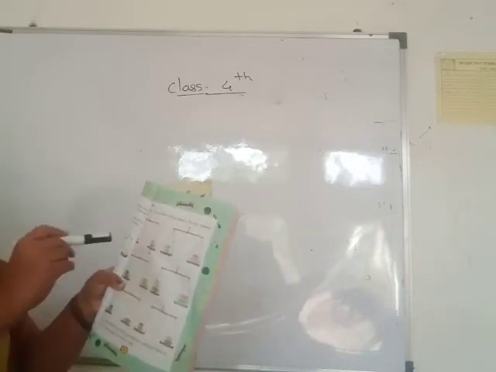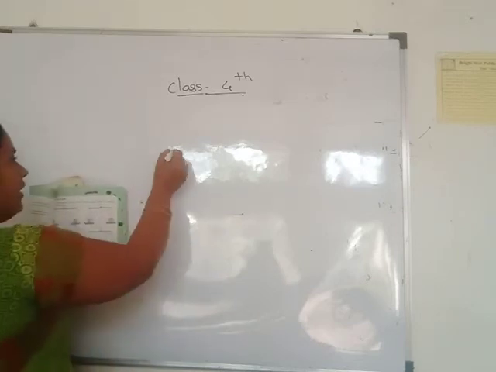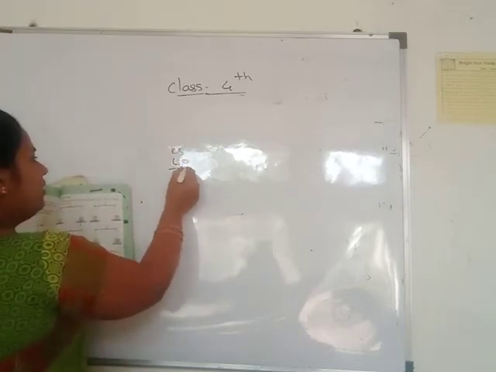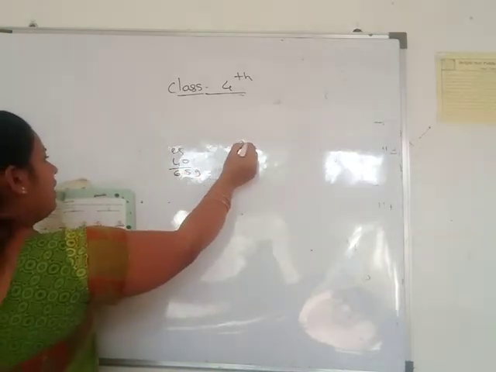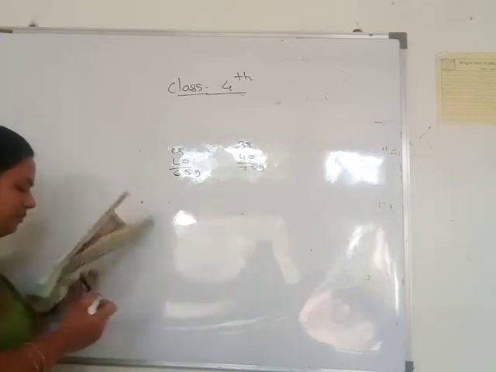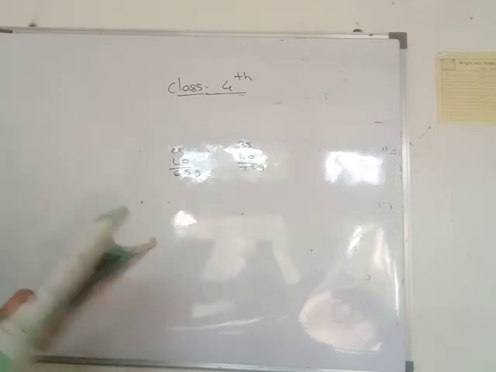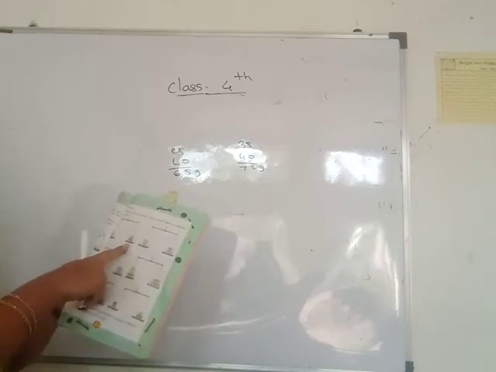See this here, 25 and 40 gram. First one: 25 and 40 means 65 gram, and 35 and 40 means 75 gram. This 75 gram weight is more than this 65 gram, so this balance will go down.